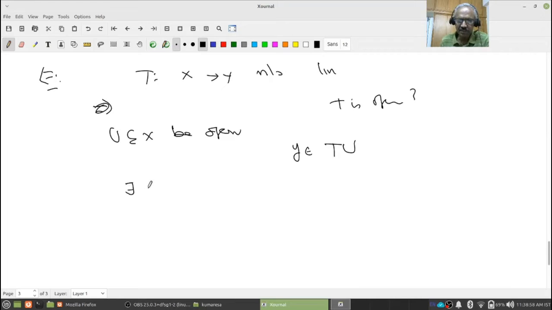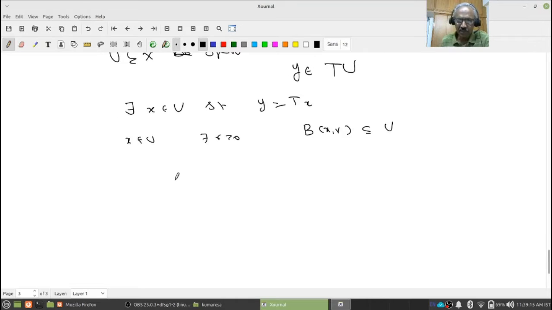That means again there exists x in U so that y equals Tx, right? And now x belongs to U, U is open, that means there is r positive so that B(x,r) is contained in U, right? Now let's try to understand what is B(x,r). We already know B(x,r) is nothing other than x plus r times B_X, right? Now if T is linear, you start with any vector here, it's of the form x plus r times u, where u is in B_X, right? Therefore, what will be T of that?